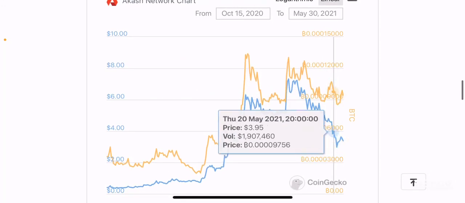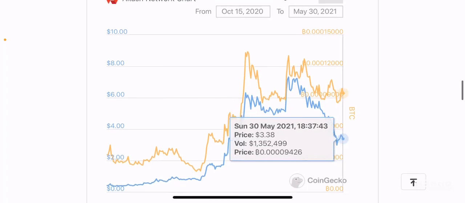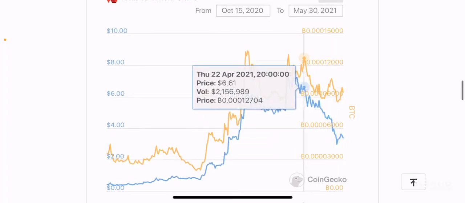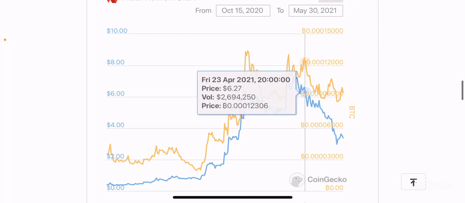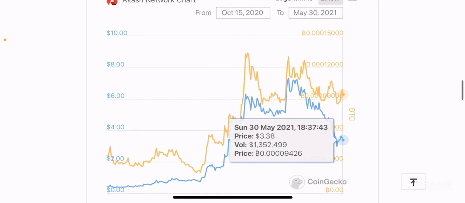It has been spiking up and down abruptly, but it will definitely come down and retest probably the 7,000 satoshi range, which will be a really good buy opportunity, right?